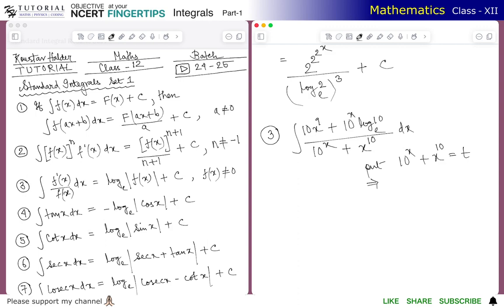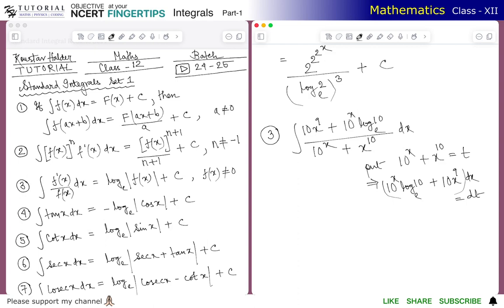Differentiating both sides with respect to x, we get 10 to the power x log e 10 plus 10x to the power 9 dx equals dt. So this is already in the numerator, so it's easy.